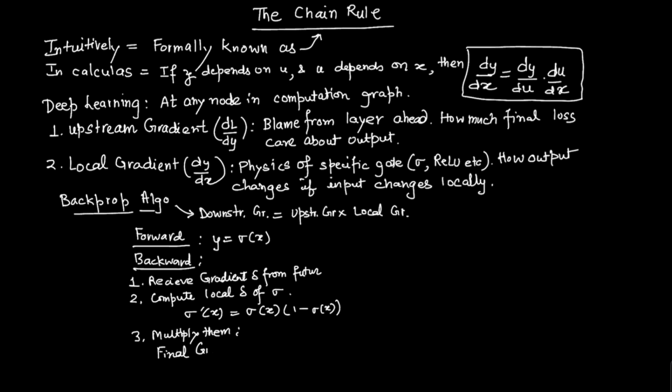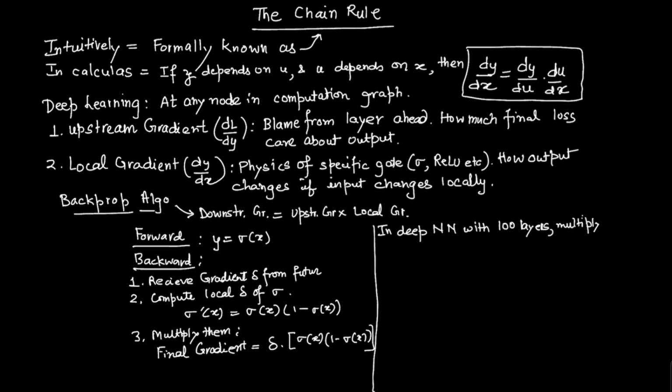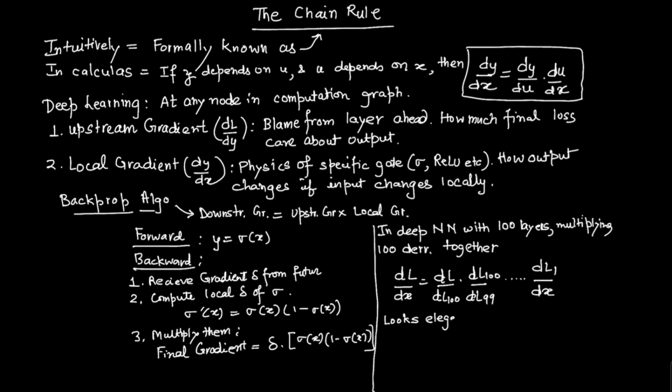So the final gradient is delta multiplied by the derivative of sigmoid x. This multiplication is the chain in the chain rule. In a deep network with 100 layers, we are effectively multiplying 100 derivatives together in a long chain. So dL by dx is equal to dL by dL100 times dL100 by dL99, and so on down to dL1 by dx. This looks elegant, right?